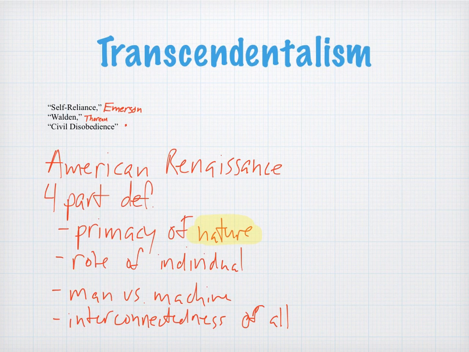So like I said, the American Renaissance, Transcendentalism is a uniquely American philosophy. This all grows out of the Industrial Revolution and a reaction to industrialism and to technology. But while the rest of the world processes industrialization at different times and in different ways, no one processed it quite the way we did with Emerson and Thoreau.